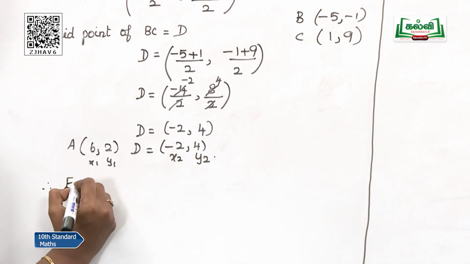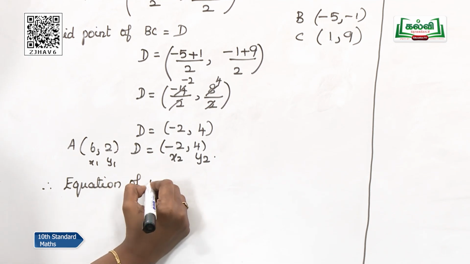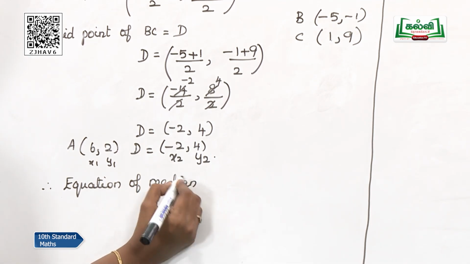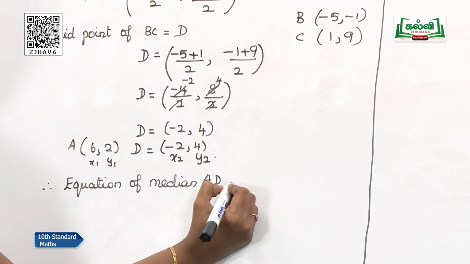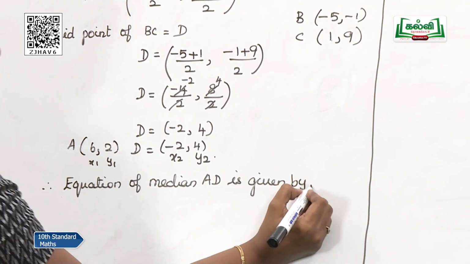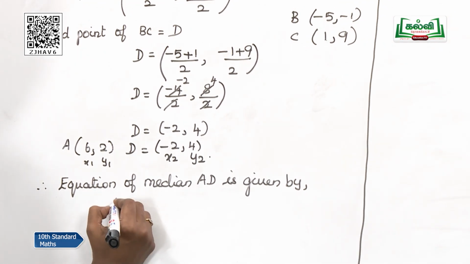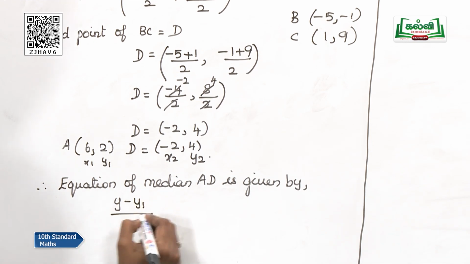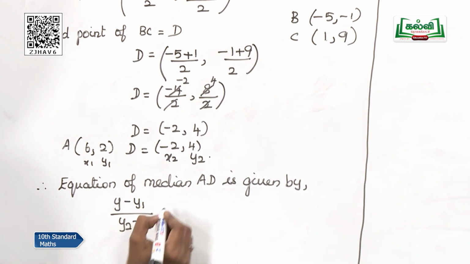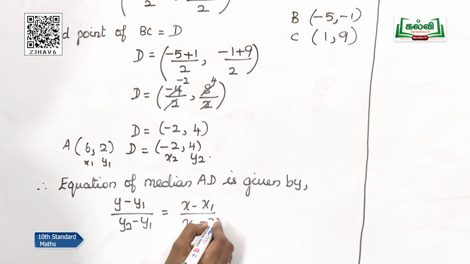Therefore I will write the equation of the median AD is given by, so how many points are given now? 2 points are given. So I am going to use the 2-point form. What is the 2-point form? (y - y1)/(y2 - y1) is equal to (x - x1)/(x2 - x1).